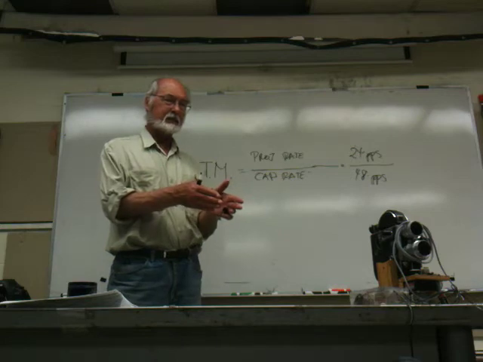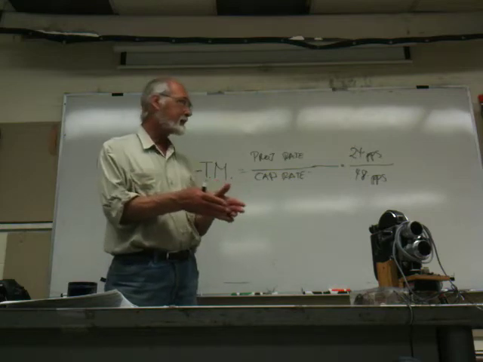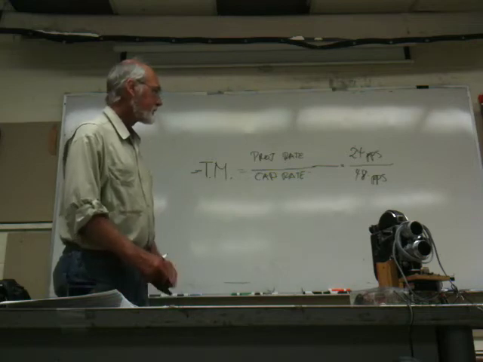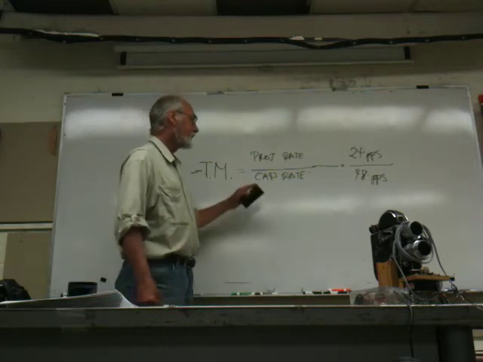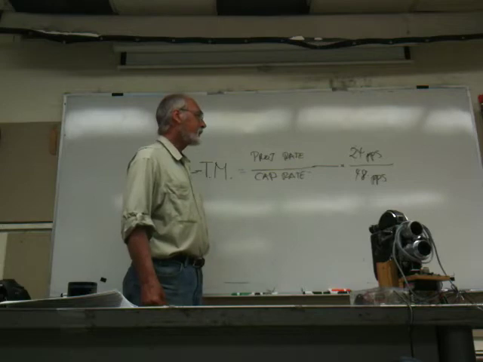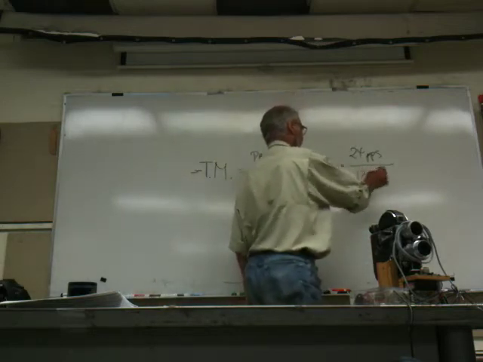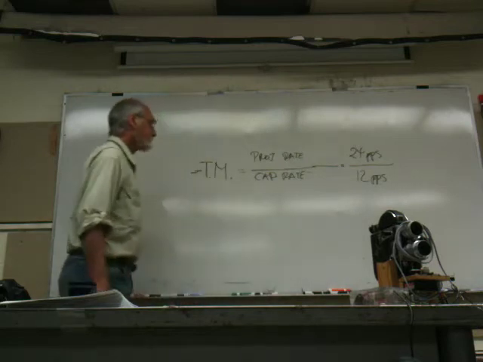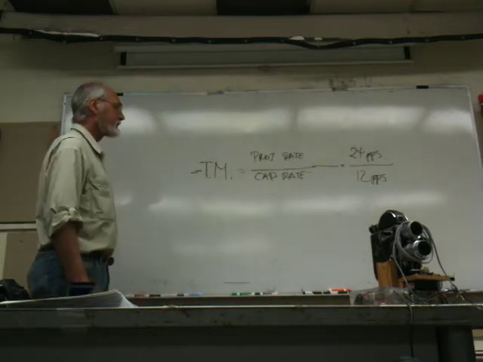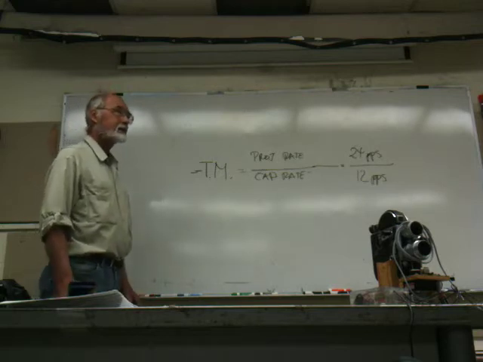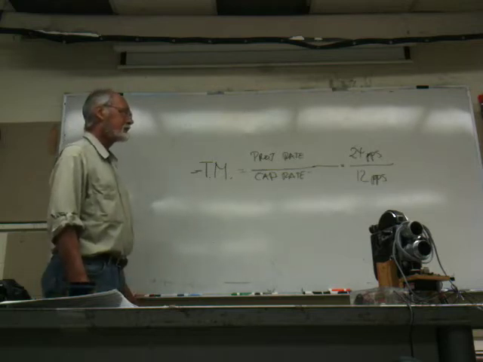If your capture rate is slower, you're always doing time lapse. The capture rate is smaller than the projection rate because you're showing the same frame multiple times to keep the same frame rate. But okay, so supposing that we change this to 12 pictures per second. Then you get time magnification of 2. Now it's time lapse. Each frame has to flash twice before it moves on to the next one.